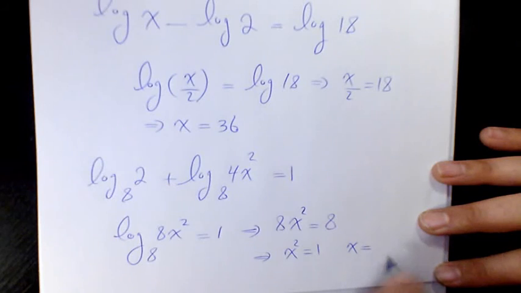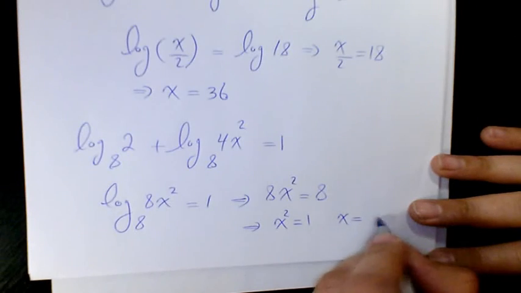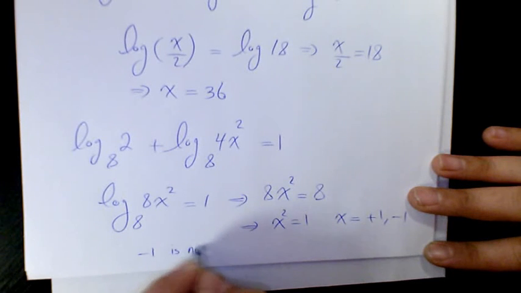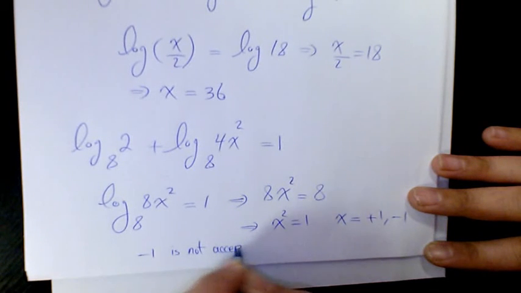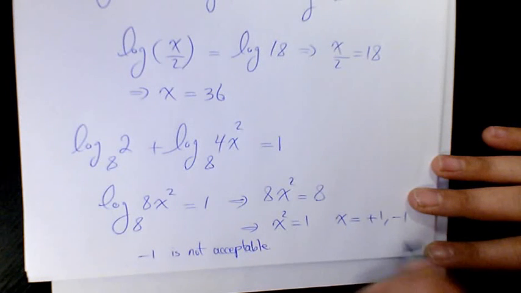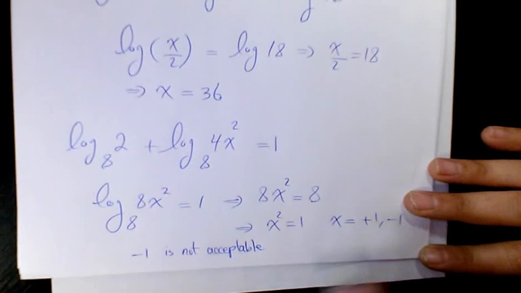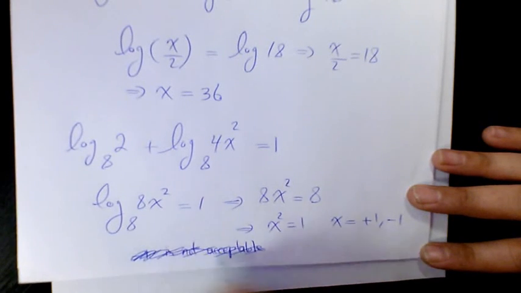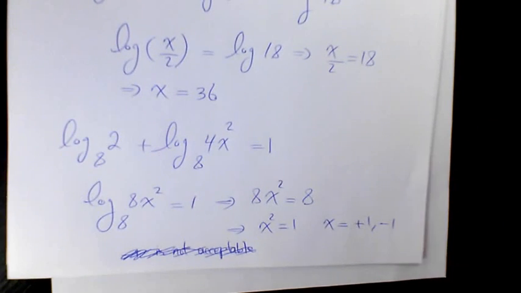I'm going to write negative 1 is not acceptable, but when we sub it here, it's going to be still positive, so we can accept both of them. So both positive and negative 1 is going to be acceptable. So I'm going to scratch this one because we have squared here. It's going to give you a positive number at the end anyways.